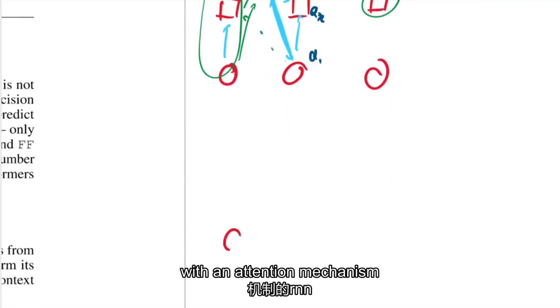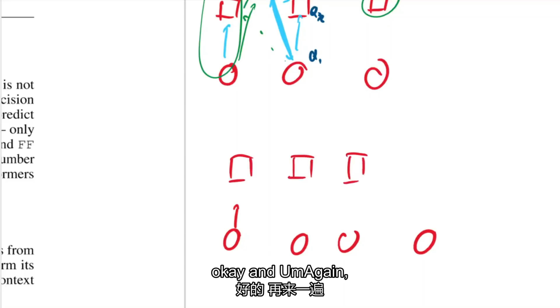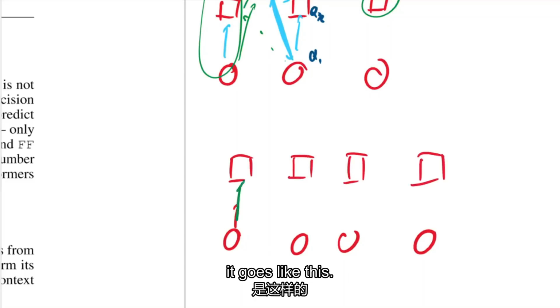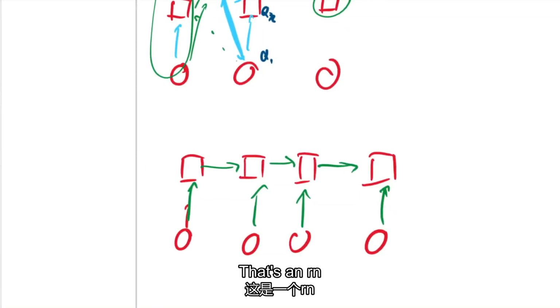An RNN with an attention mechanism would look like something you're very familiar with. So here we build these hidden representations, let's just consider a one-layer RNN for now. And again, it goes like this, and then there are these recurrent connections right here. That's an RNN.